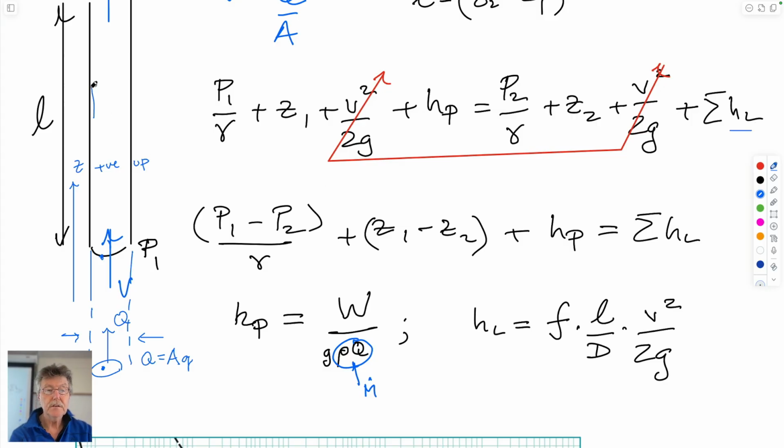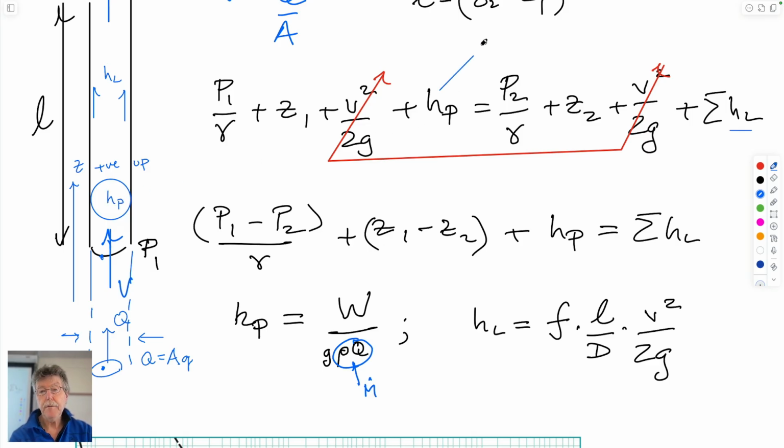So in other words, flow along the pipe, and therefore the frictional losses that result from this, and also, I guess, maybe putting a pump in the circuit and putting energy in from the pump.